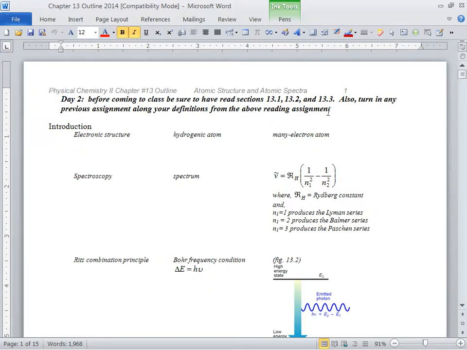What was this equation for? What good was that? Excitation energies, the energy between different levels? Yeah, they were trying to explain what? What were they observing that they were trying to explain?